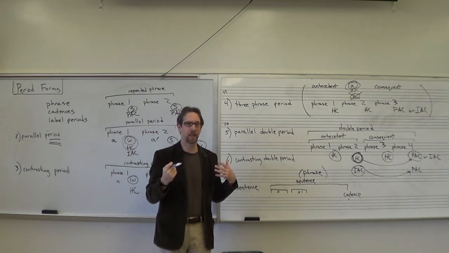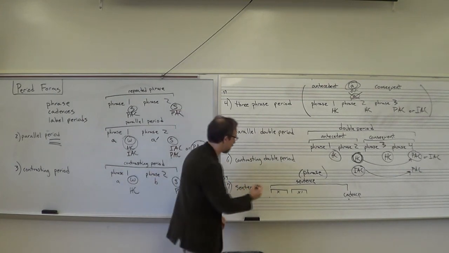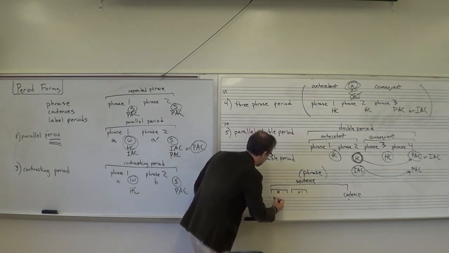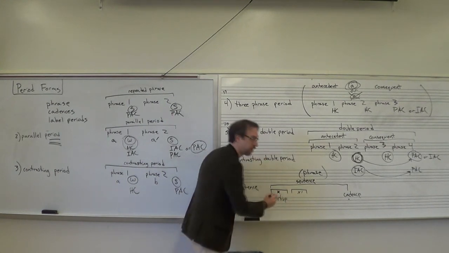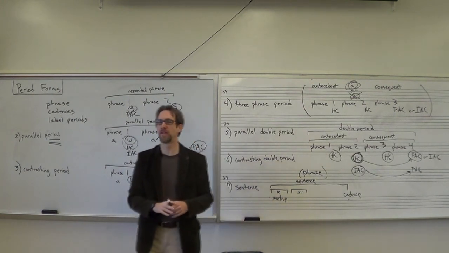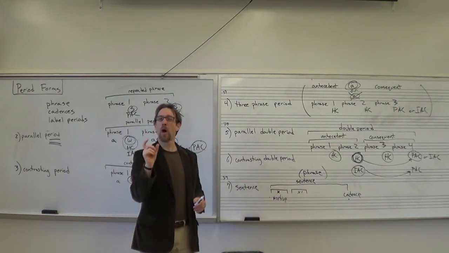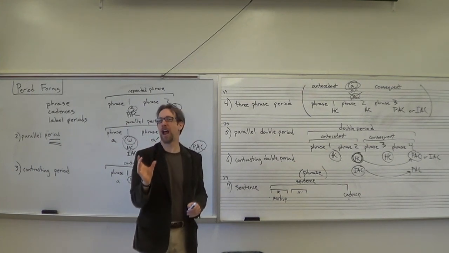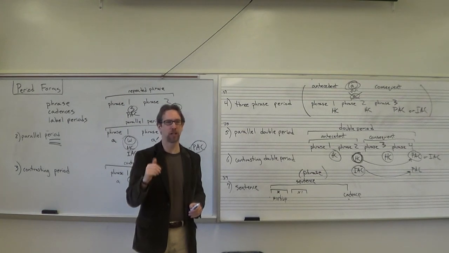What makes a sentence is that it starts with often a motive. And a motive is not long enough to be a phrase, not extensive enough to be a melody. It's more of a fragment of a melody that has a certain rhythmic, melodic shape.